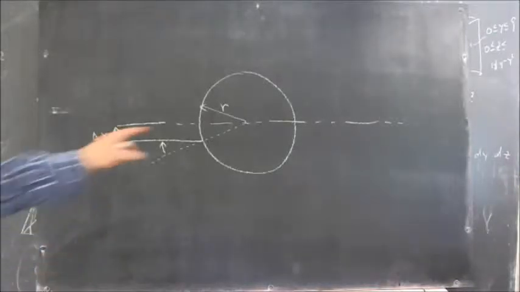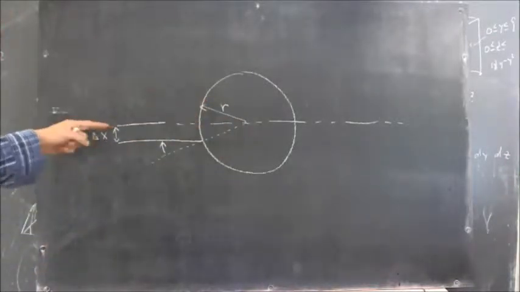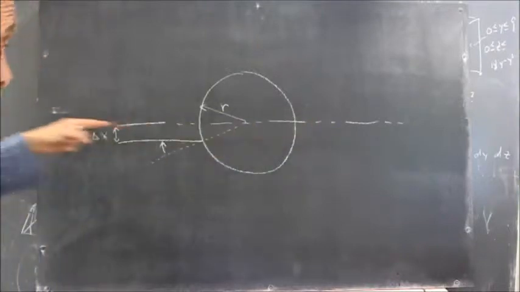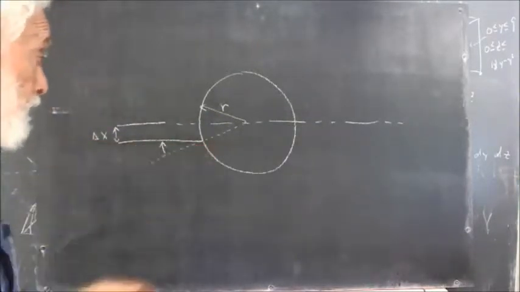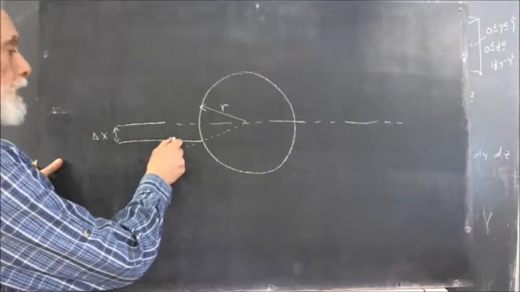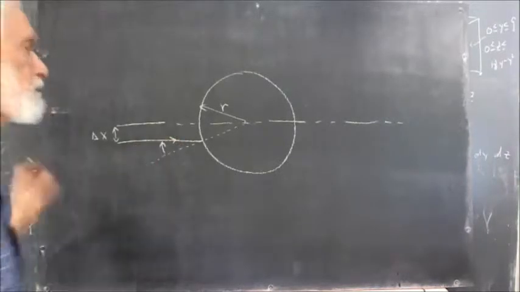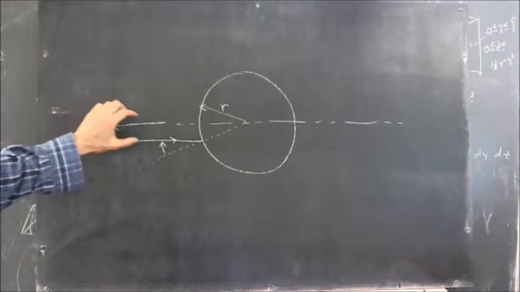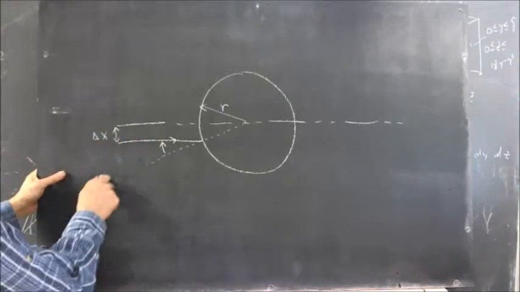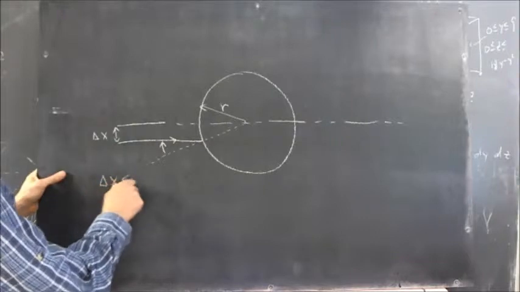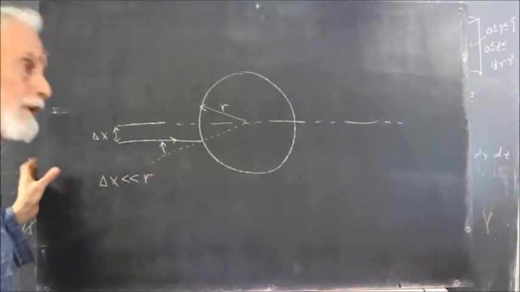We have a circle, radius r, axial ray, axial direction through the center, an incoming ray parallel to the axial ray at a distance delta x from the axial ray, where we assume delta x is significantly less than r.